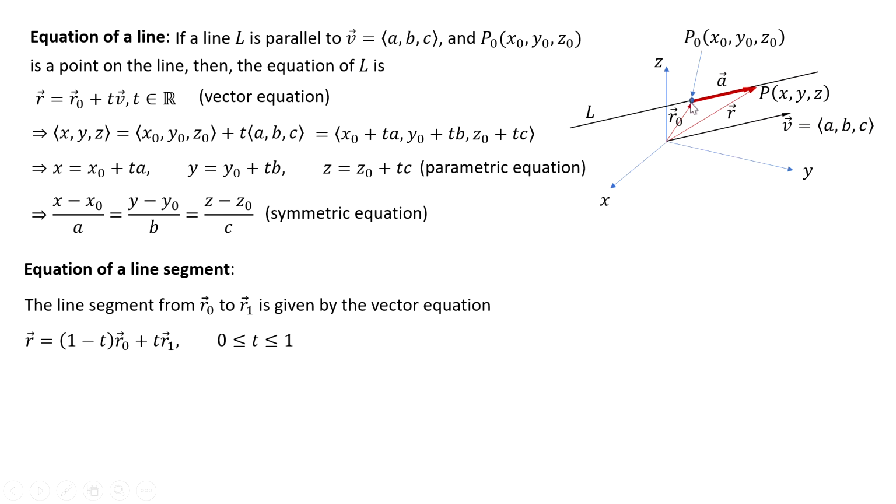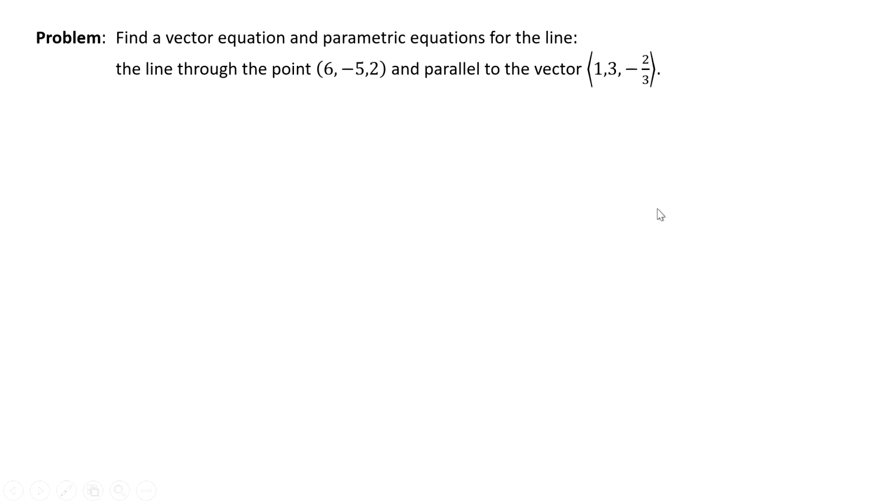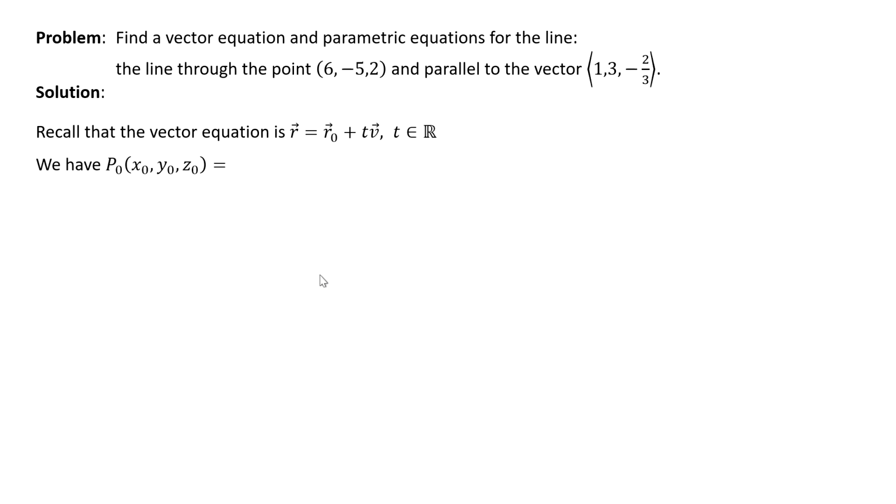That point is p sub 0, whose coordinates are x sub 0, y sub 0, z sub 0, and the vector is v equals abc. Clearly, this is our p sub 0, and this is our v. Piece of cake. All the information is given to us, so we are in business.